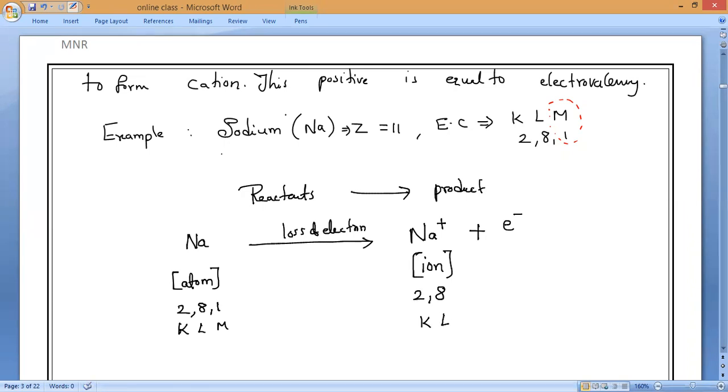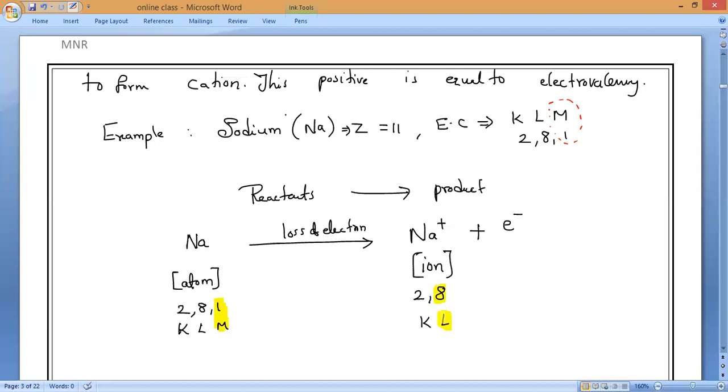Observe very carefully and tell me, what is the valence shell in the sodium atom? M shell. What is the valence shell in the sodium ion? L shell.